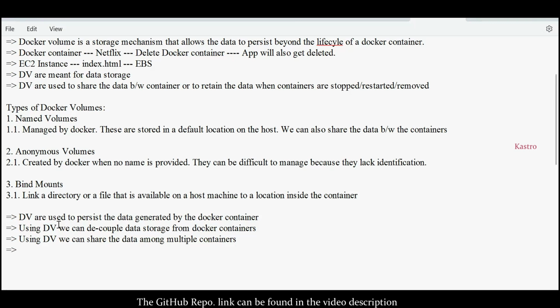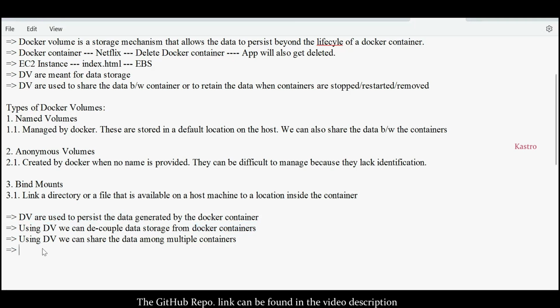Why? Because the Docker volume is different and a Docker container is different. So when you delete a Docker container, the Docker volume will not get deleted. That is why I was telling you Docker volumes are used to persist the data. Persist means it will store the data. Even if you terminate or delete the Docker container, the data will still be available inside the Docker volume.